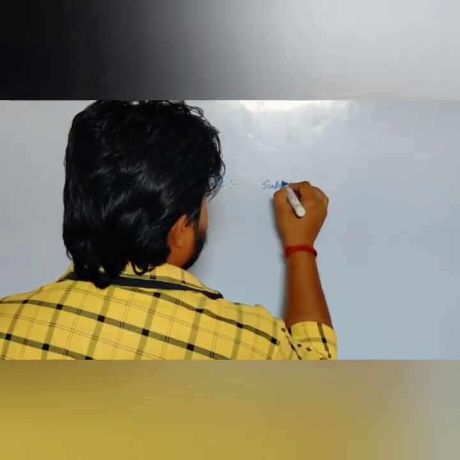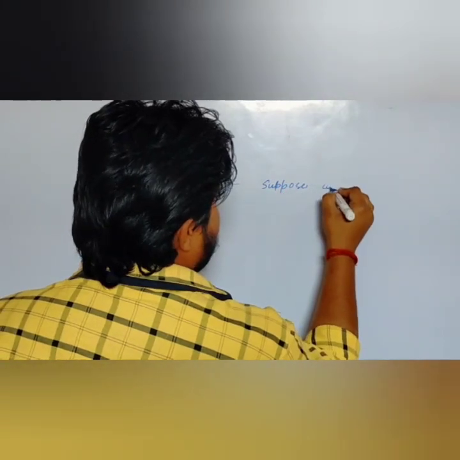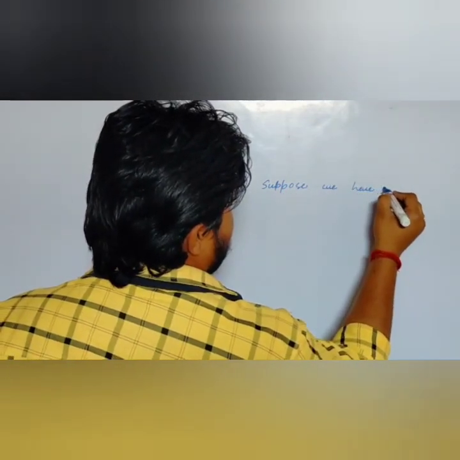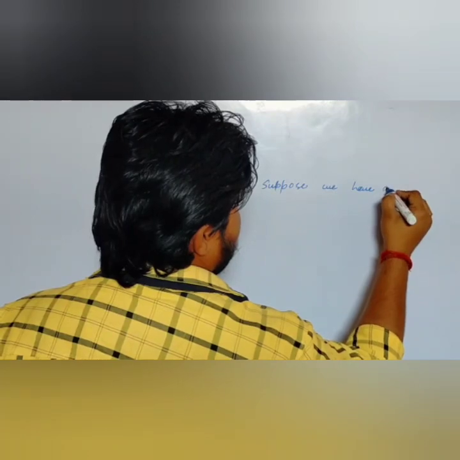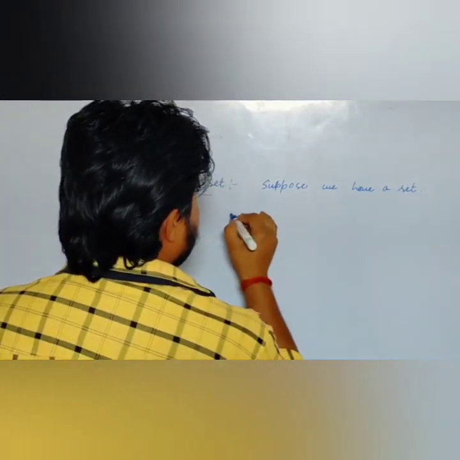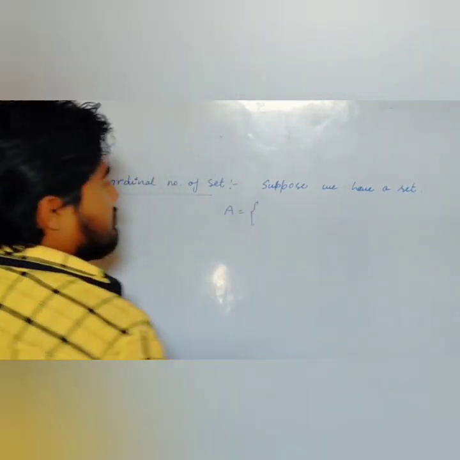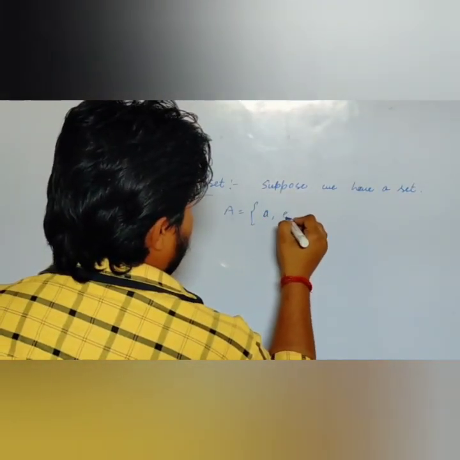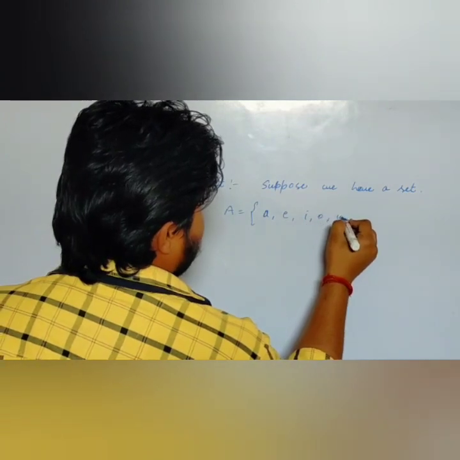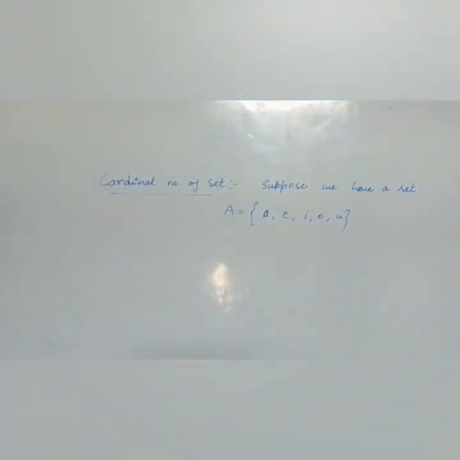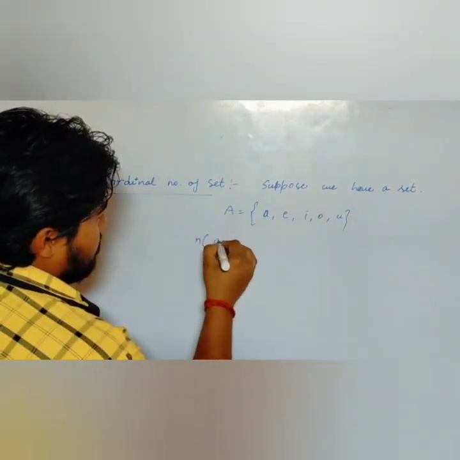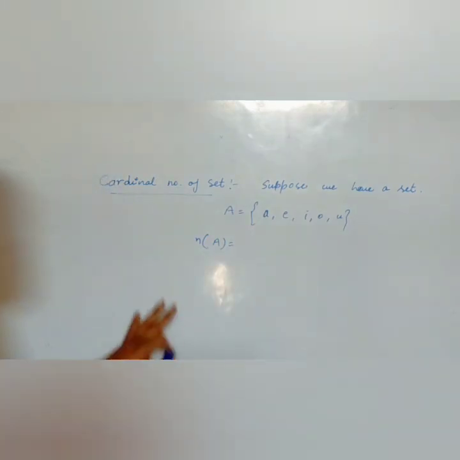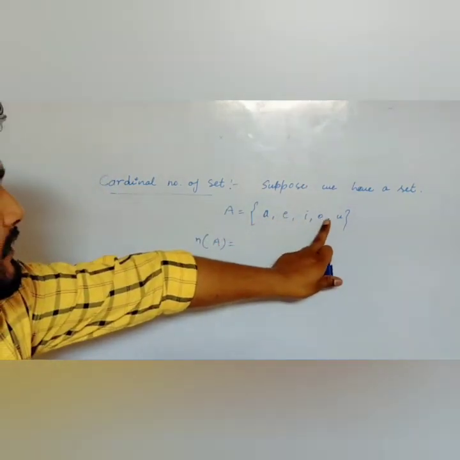Suppose we have a set like this: A, E, I, O and U. I know this is a set of letters, but this is the number of the set, meaning 1, 2, 3, 4, 5.